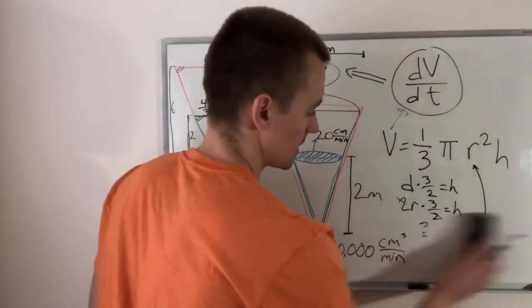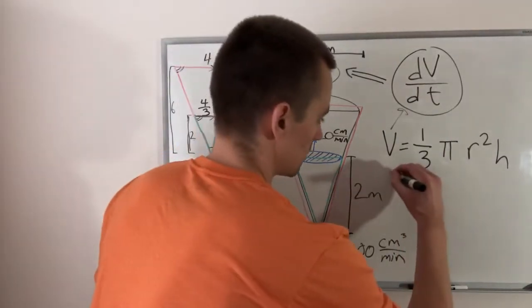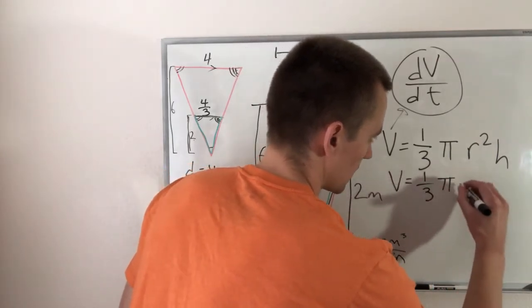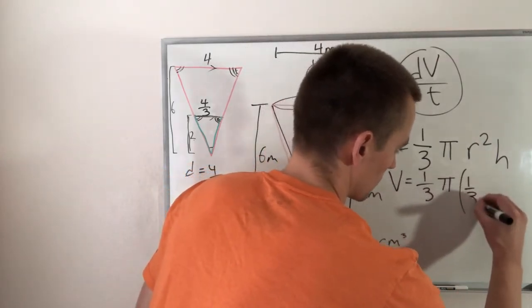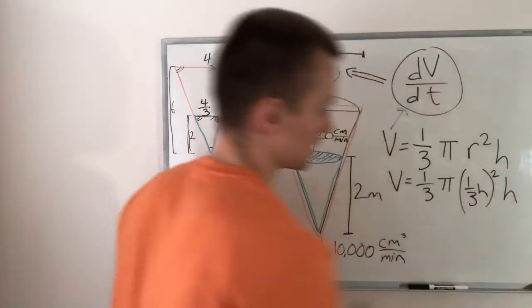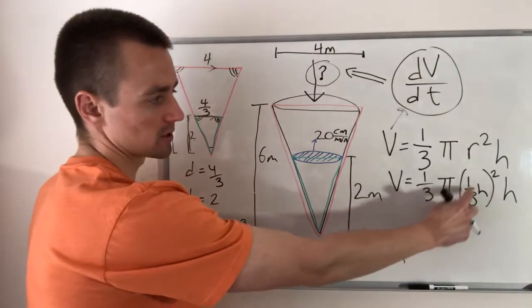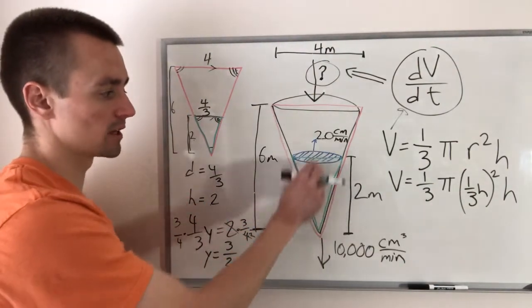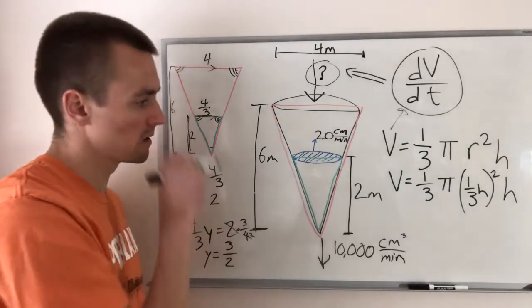Doing that gives us the volume being 1/3 times pi times 1/3 h squared times h, right? All we did was replace our r with 1/3 h, which we just figured out those two are going to be equivalent for this cone specifically.